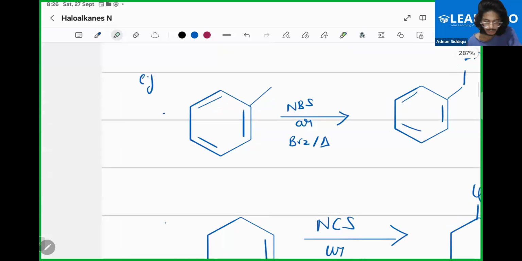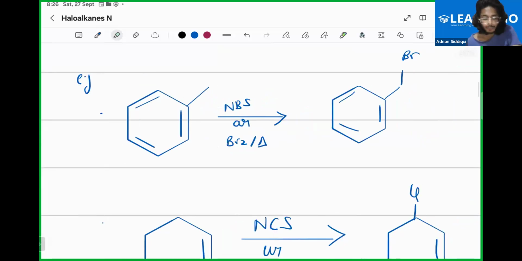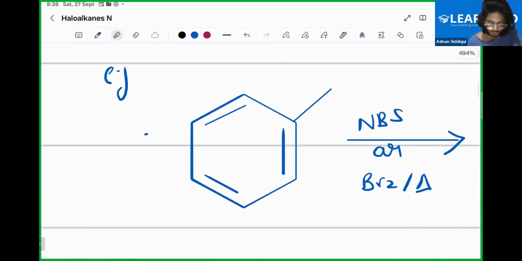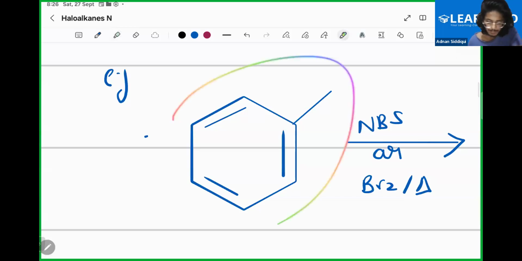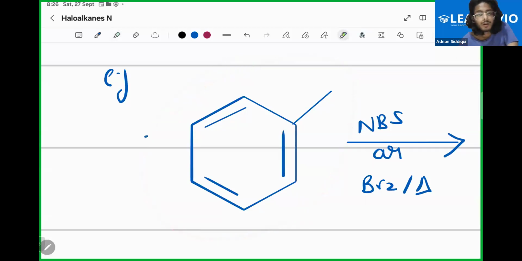This is my question. Can you identify the allylic position in this compound? Which is the allylic position? This one? This is the position which is next to the sp2 carbon, and the allylic position itself should be sp3.